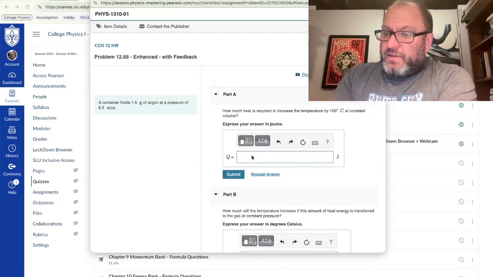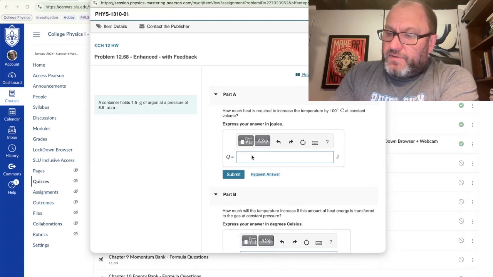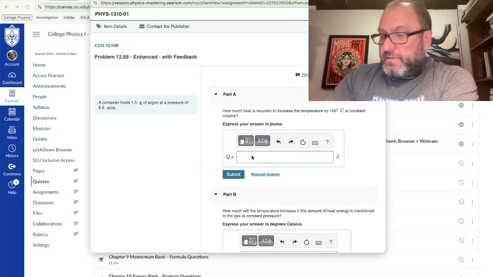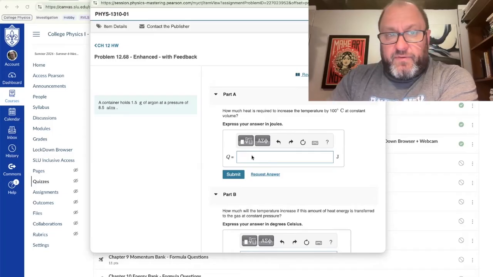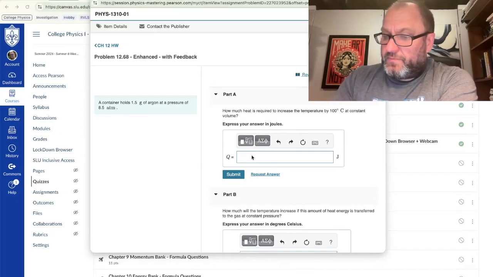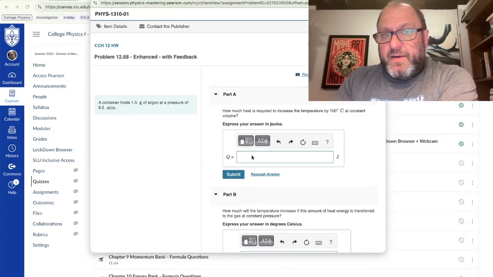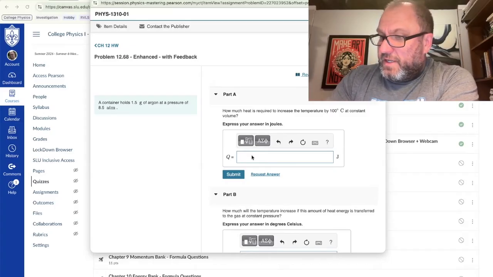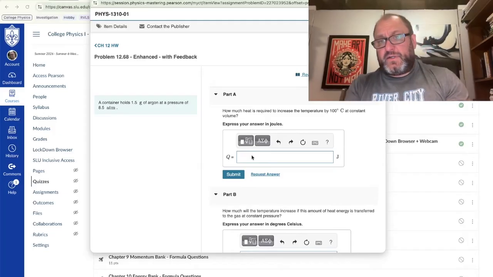Our pressure is 8.5 atmospheres, and our mass of argon gas is 1.5 grams. And how much heat is required to increase the temperature by 100 degrees Celsius? I'm going to write that down: delta T is going to equal 100 degrees Celsius.